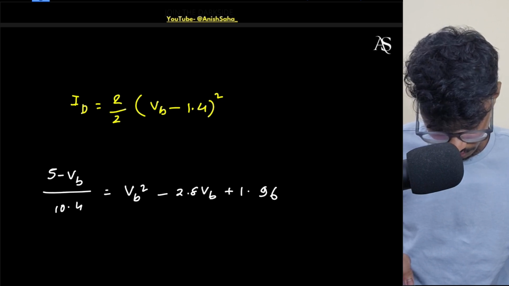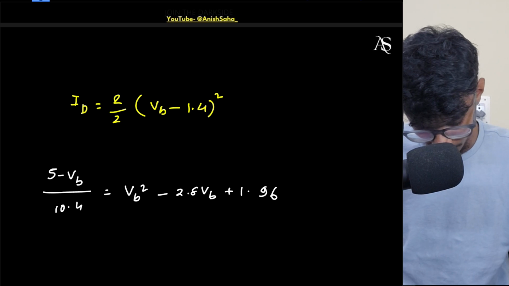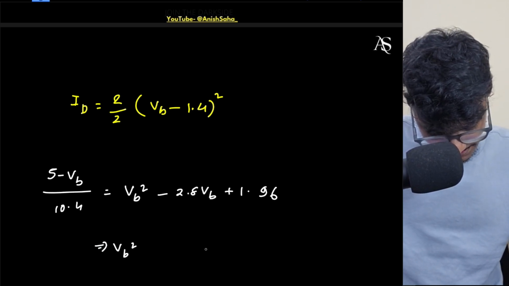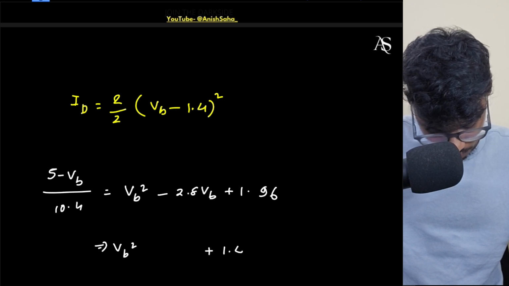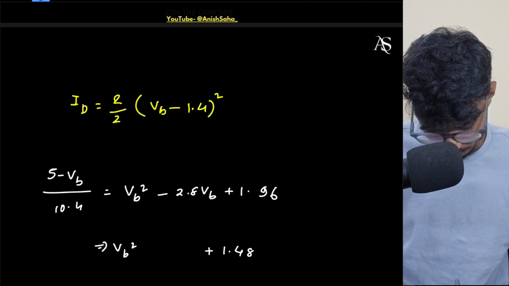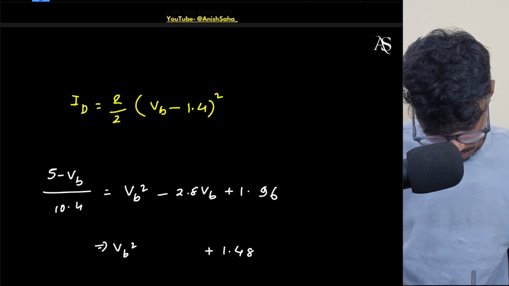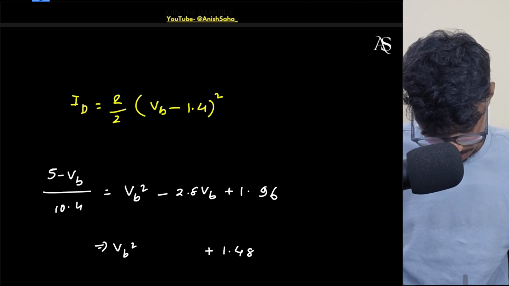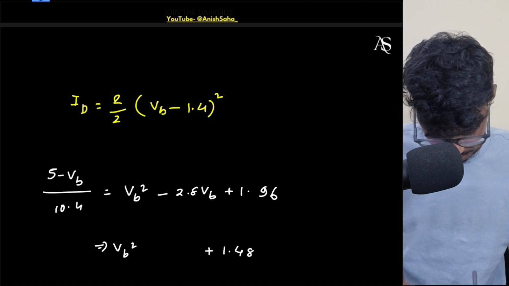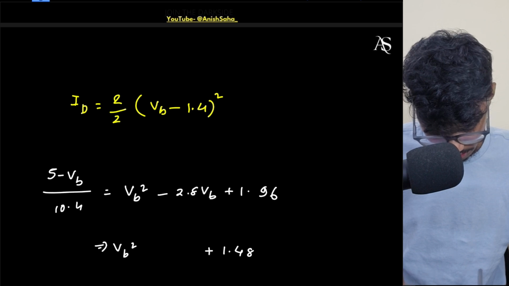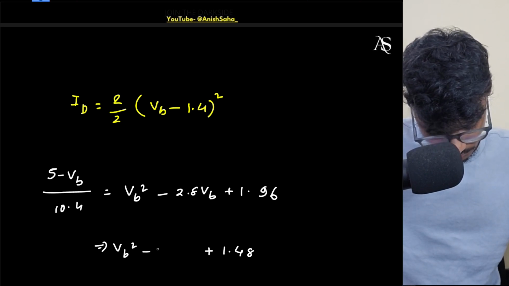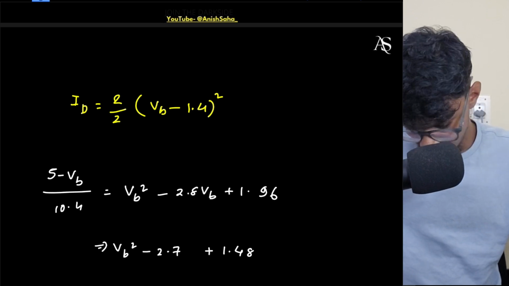So this will be plus 1.96, so this will be 1.47, so VB whole square plus 1.48, and this is 10.4, and minus 2.8, so this will be minus 2.7 VB.